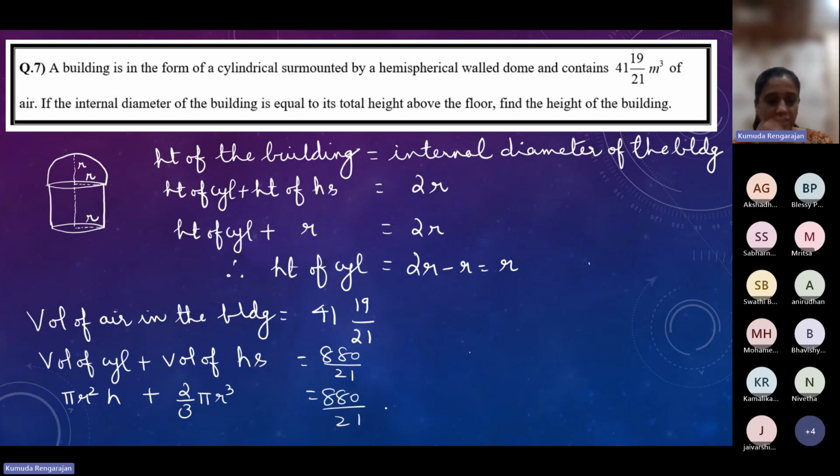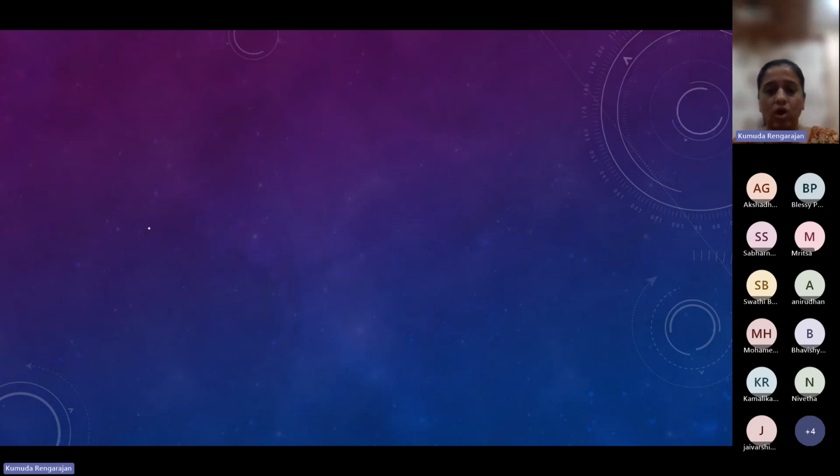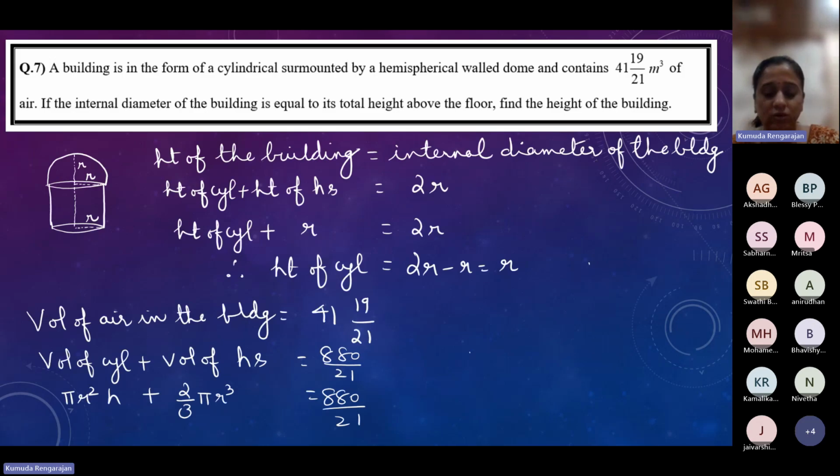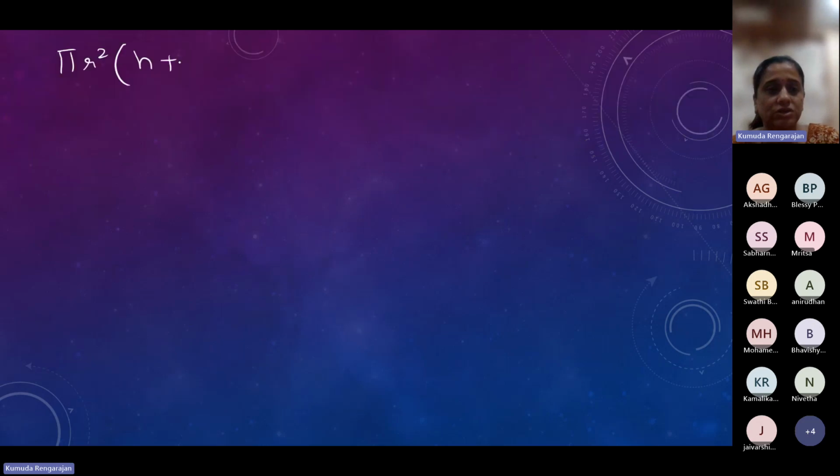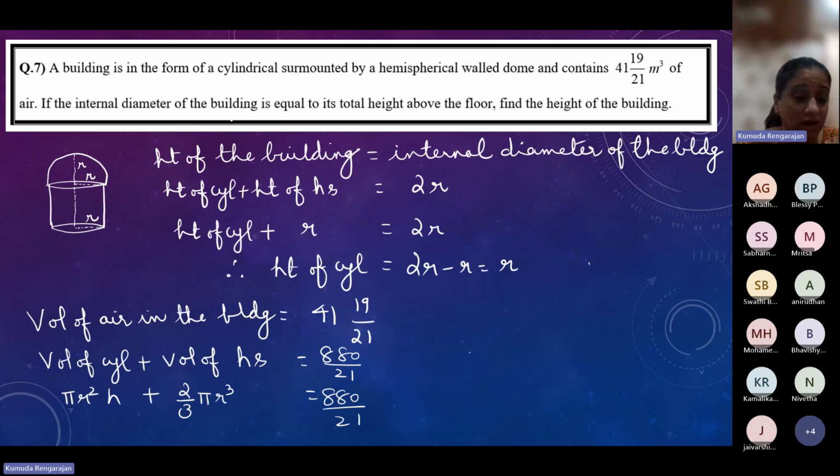After this, you can take out R. The radius is the same, so you don't have to say R1, R2, because the radius is the same for the cylinder and the hemisphere. So you can take out pi R square common, and you will have H plus 2 by 3 R.